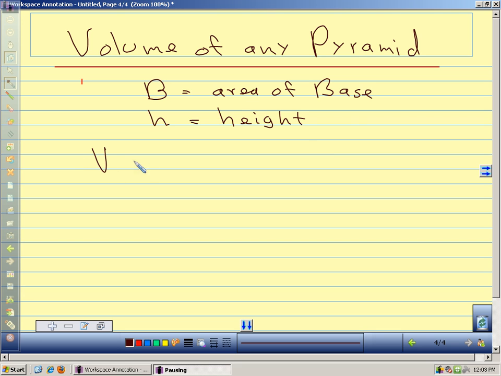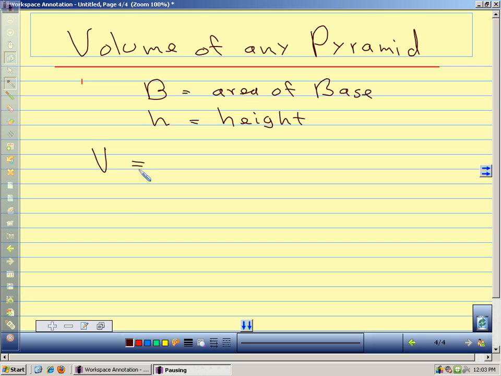Our volume, anybody want to guess what our volume is? So here I have a rectangular prism, and here I have a pyramid. They come in a kit.